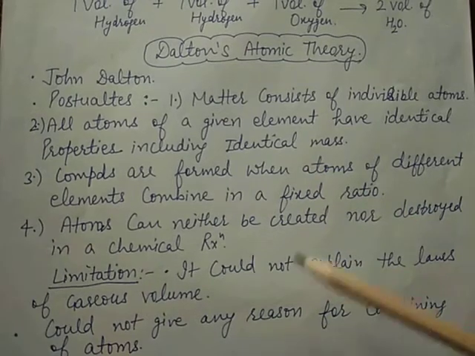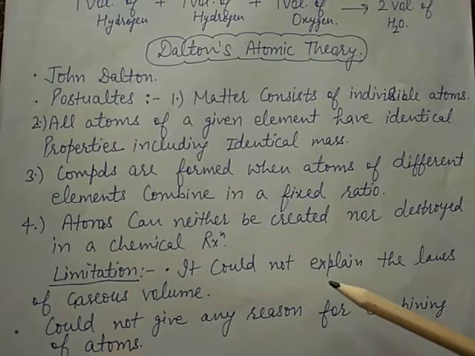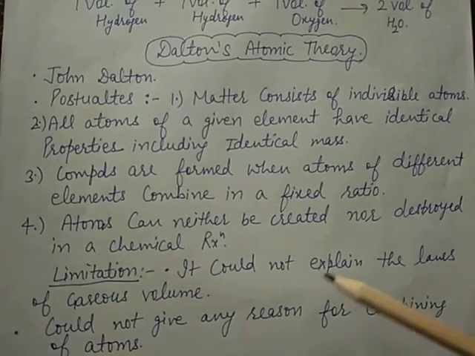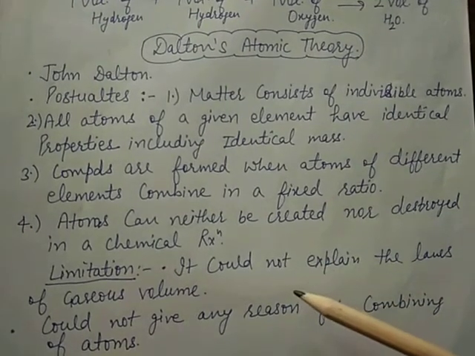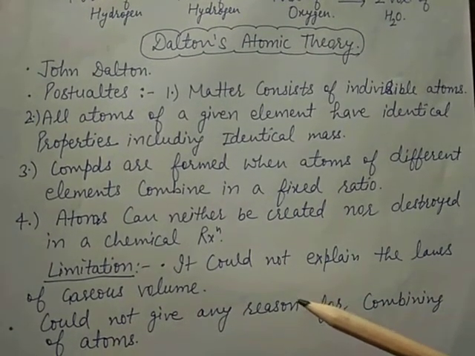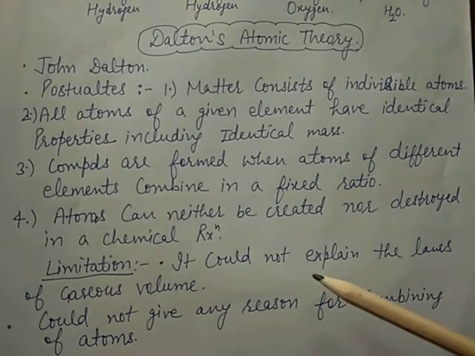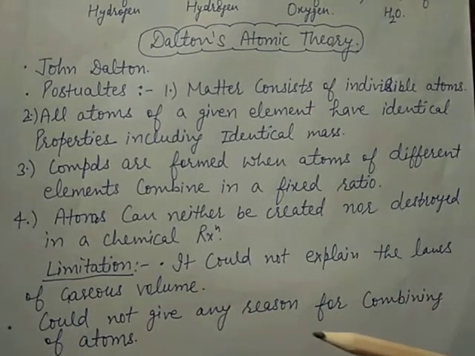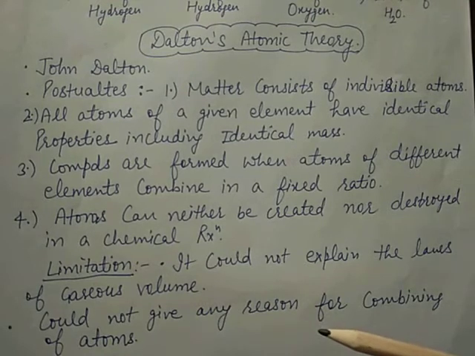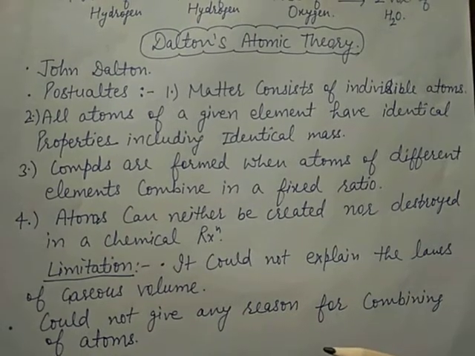Now what are the limitations of Dalton's atomic theory? First limitation: it could not explain the law of gaseous volume. It only explained the laws of chemical combination by mass. Second, it could not give any reason for combining atoms, or why atoms of different elements have different mass, size and valencies.